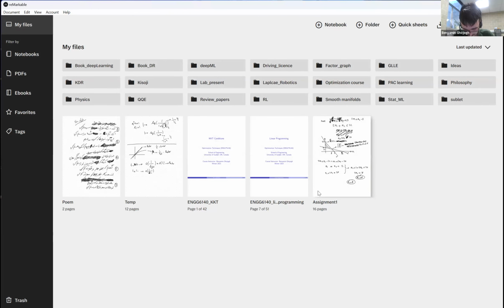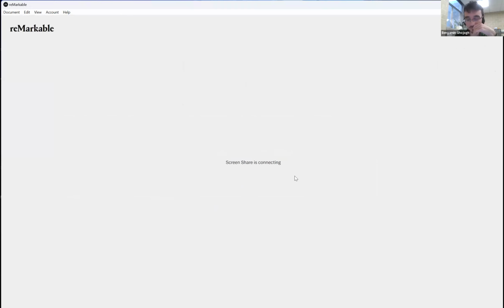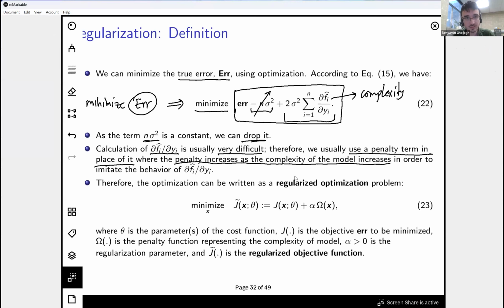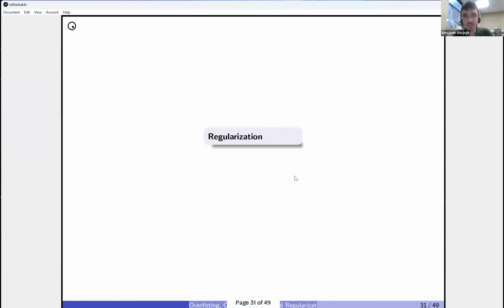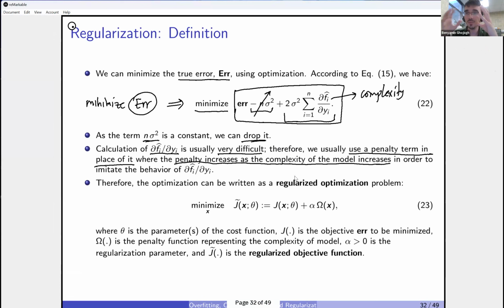Give me a second. So I was saying, we are minimizing the empirical error as well as the complexity. This complexity term is hard.